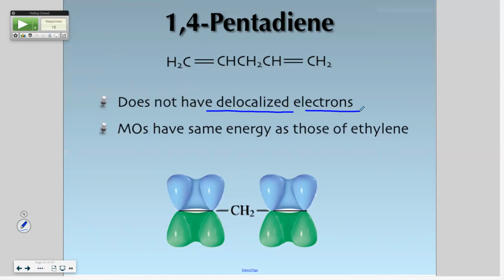If you stick those on there, it doesn't change your basic pictures at all. These MOs have the same energy as those of ethylene. There's no interaction in here because that's methylene in between them. I'll write not conjugated.